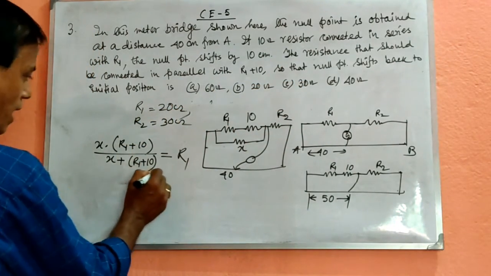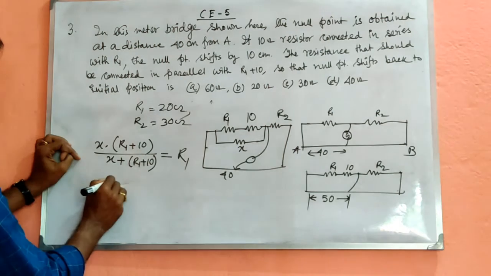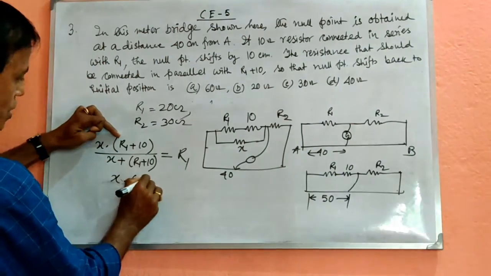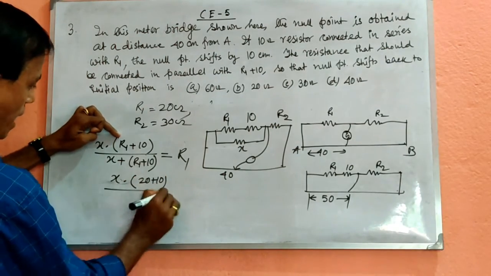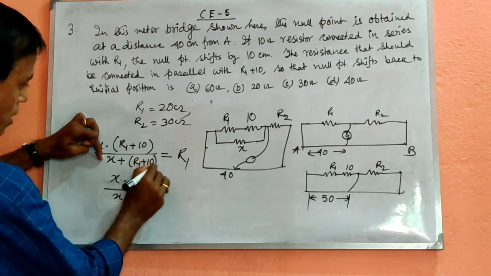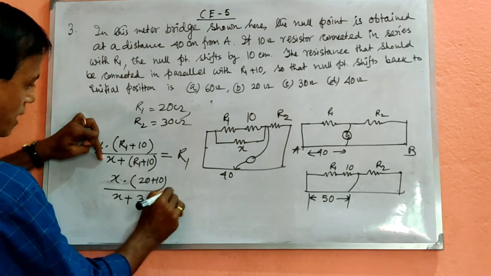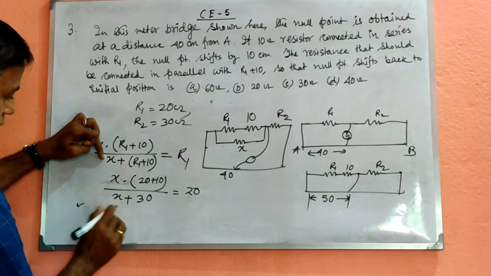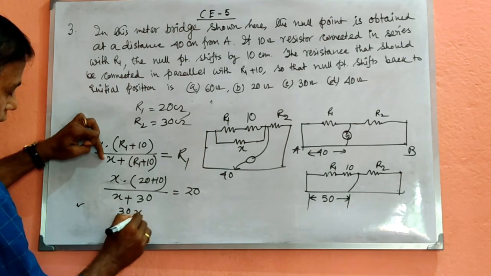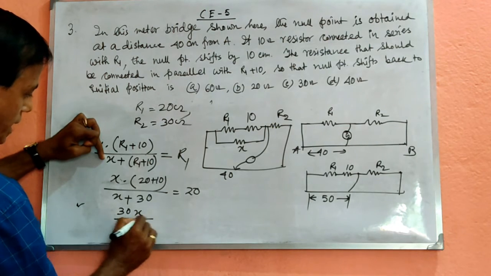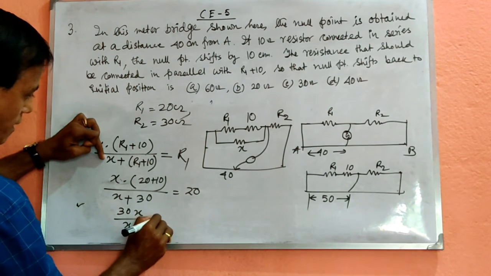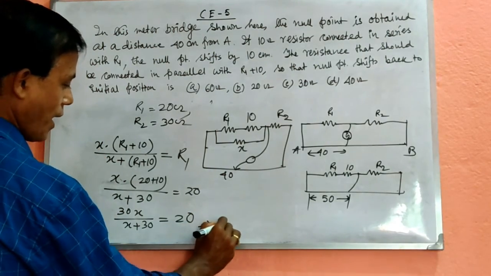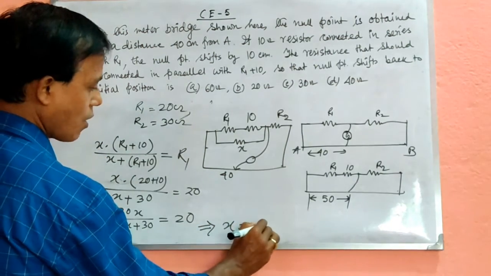So X into 20 plus 10 by X plus 20 plus 10, which means 30, is equal to 20, or 30X by X plus 30 is equal to 20. It comes X is equal to 60 ohms.